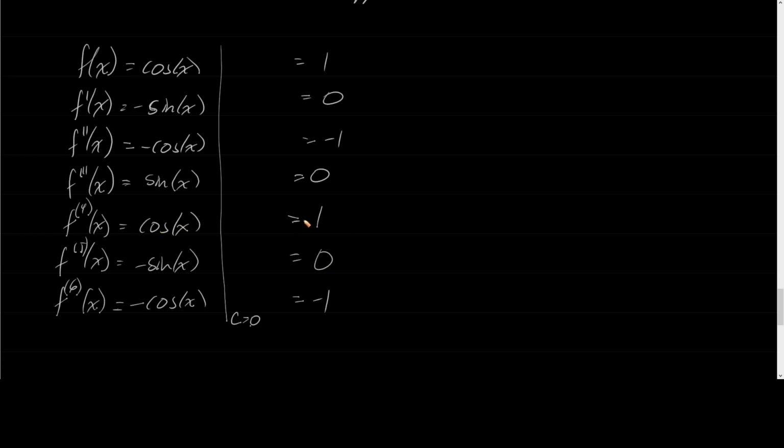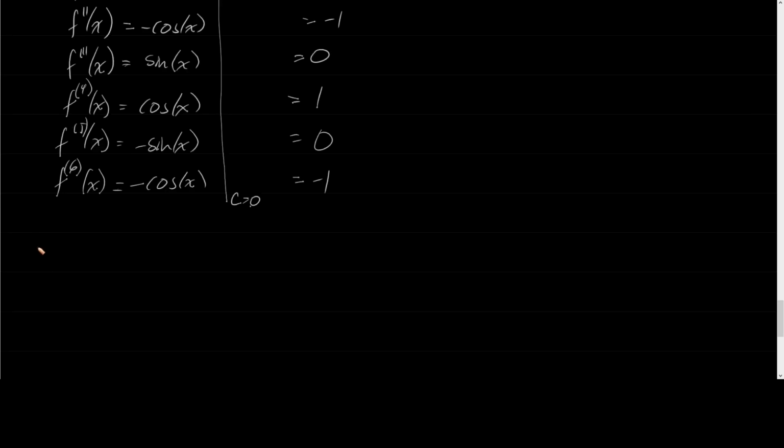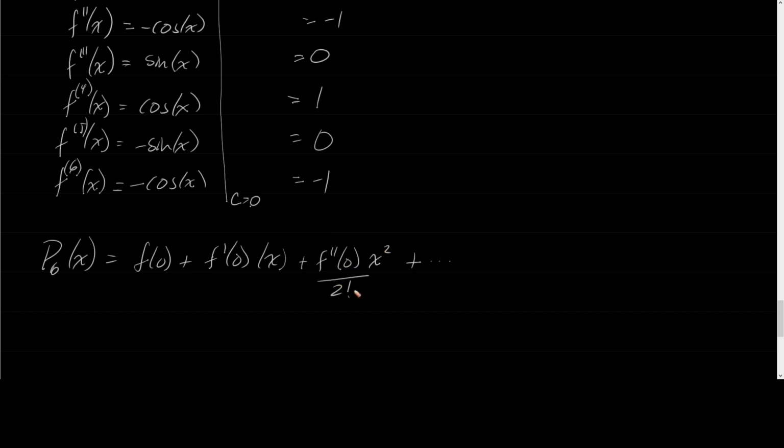Well, what would our sixth Maclaurin polynomial look like here? It would be f of 0 plus f prime of 0 times x, plus f double prime of 0, x squared over 2 factorial.